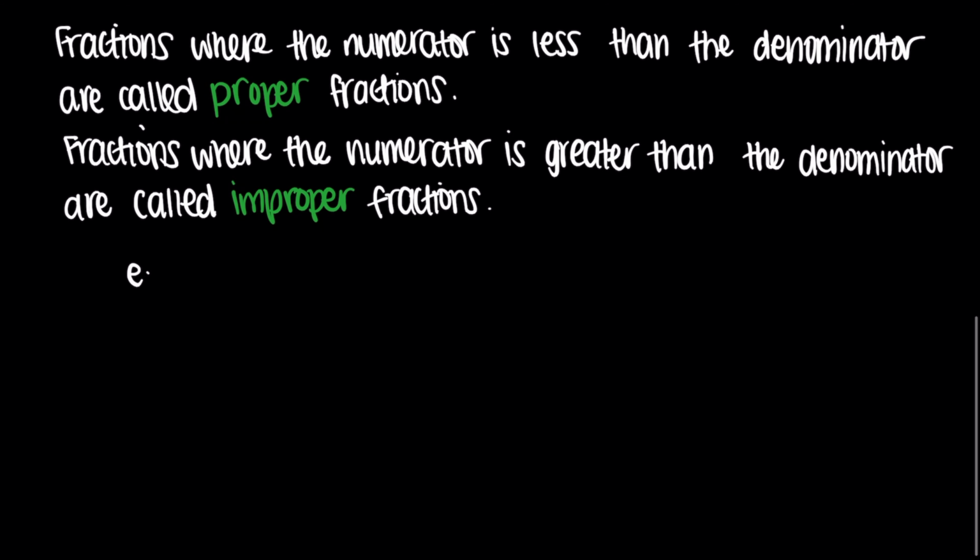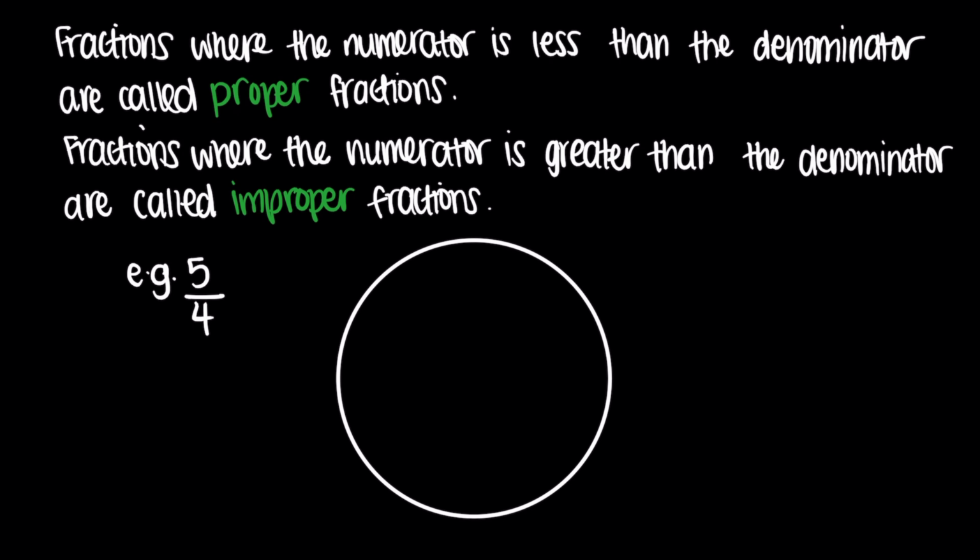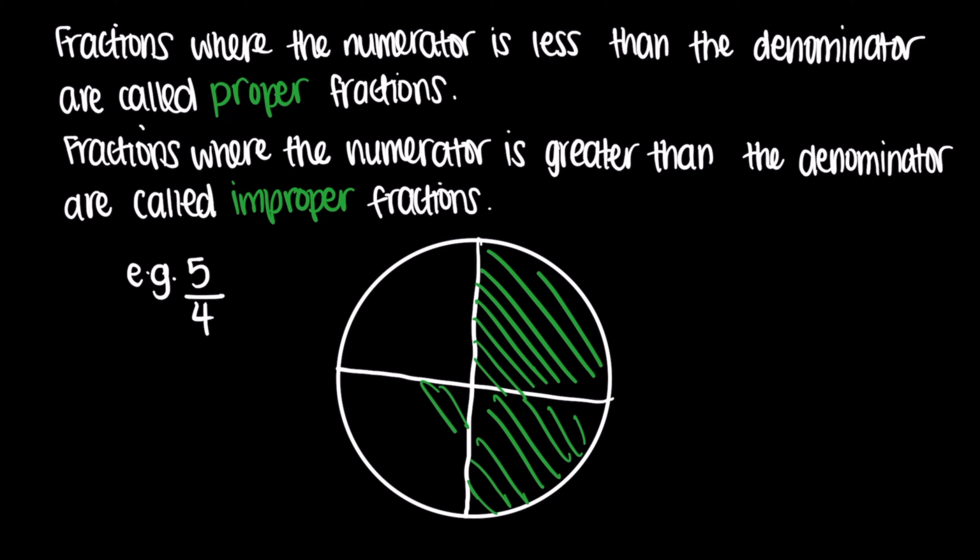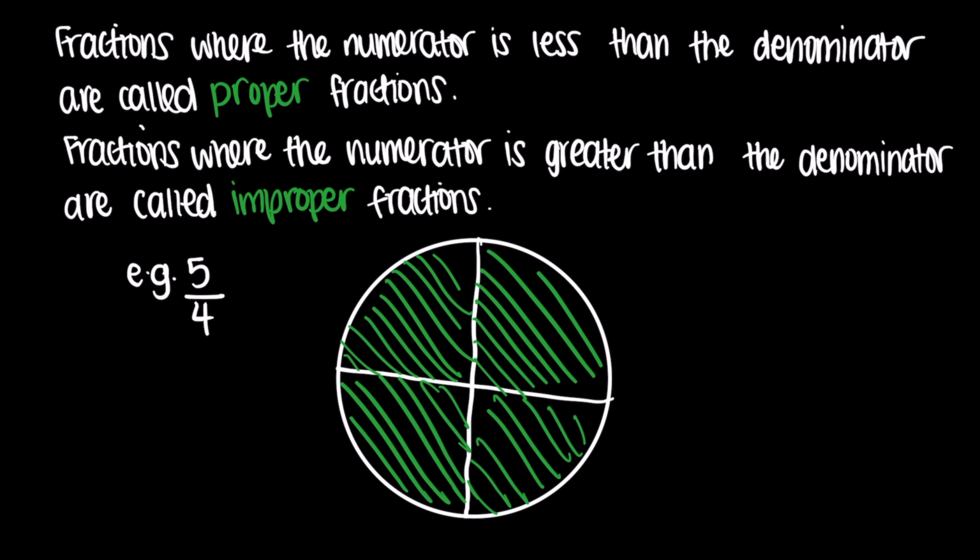For example, let's say we have 5 over 4 and we want a visual representation of this. So we draw up our little pie, and since our denominator is 4, we'd divide it into 4 parts. But we're taking 5 parts out of the pie. So let's shade 1, 2, 3, 4, okay? But we'd need another quarter, right? Another sector of the pie, but we don't have any more.